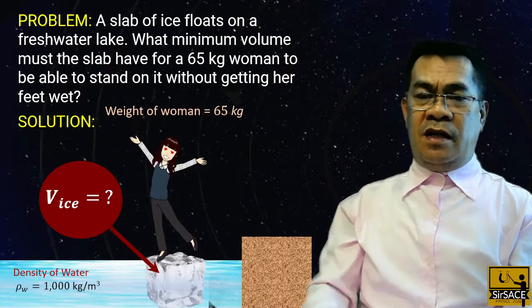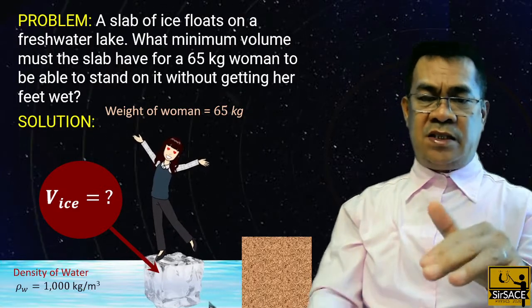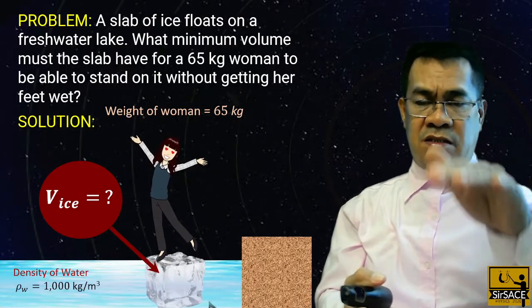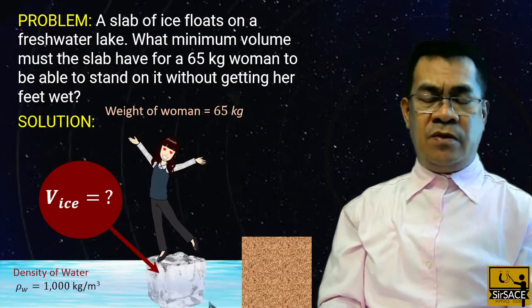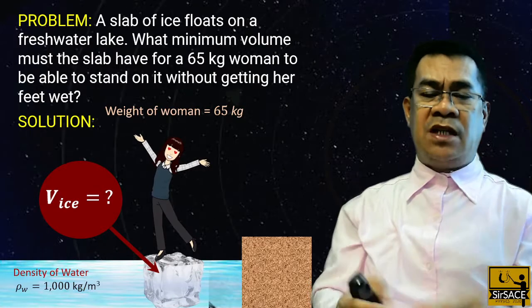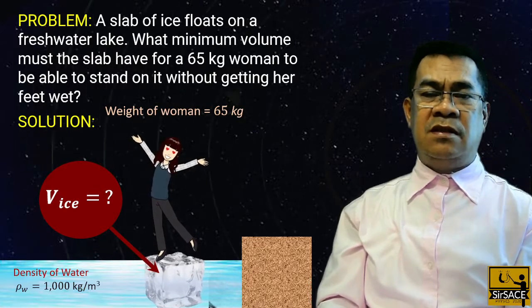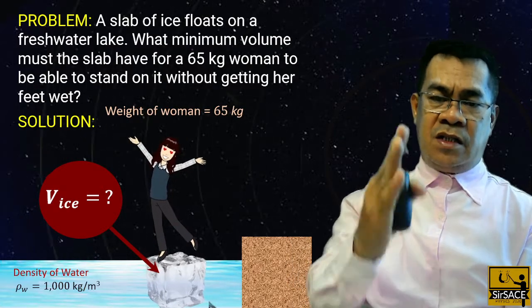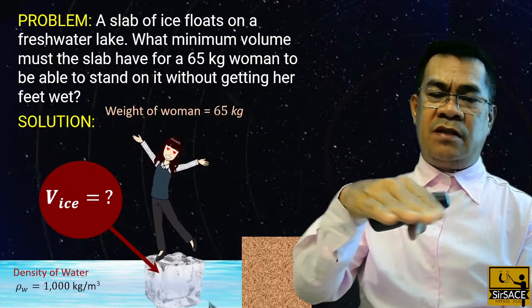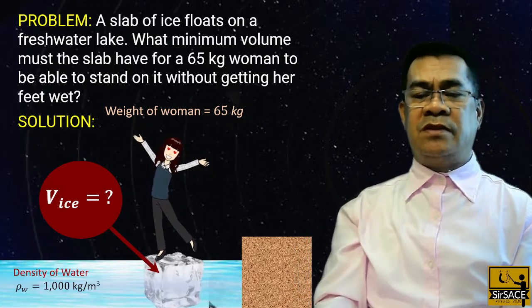Now remember that when the top layer of the ice is at the level of the water, meaning it is completely submerged, then the system, the ice and the woman on top, should be at rest. It will not go down, it will not go up. So the feet of the woman are approximately at the level of the surface of the water.